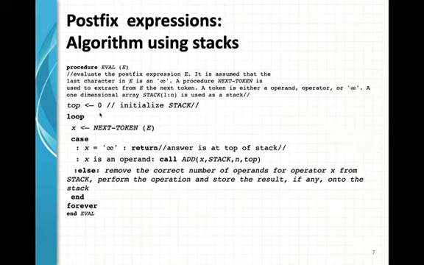That is, in the beginning of the algorithm, we are taking an empty stack, and that's why top contains 0. Now loop: you are already familiar with the while loop from some previous algorithms.